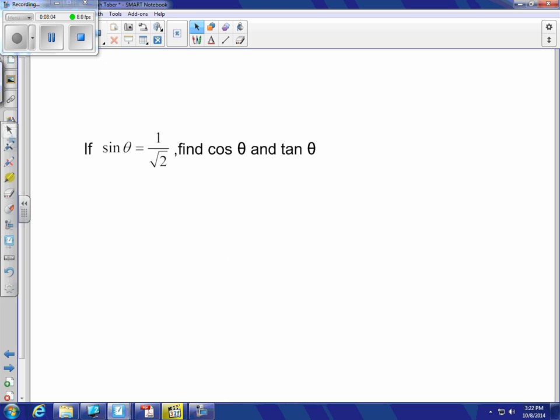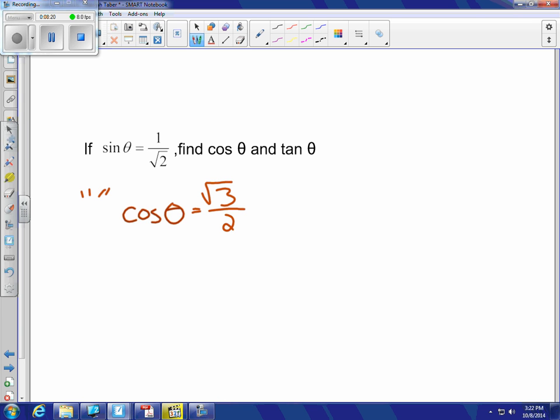So if cosine theta equaled, let's say, square root 3 over 2, I want you to find sine theta and tan theta.